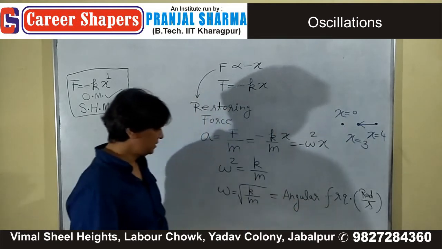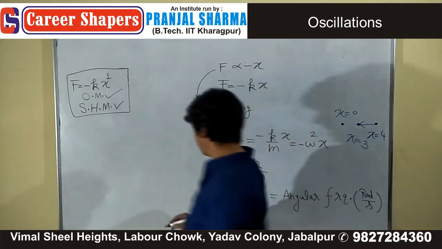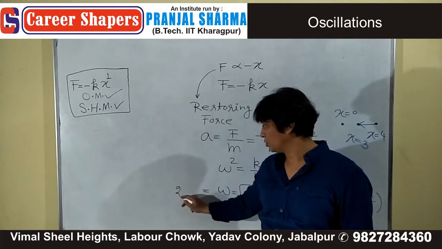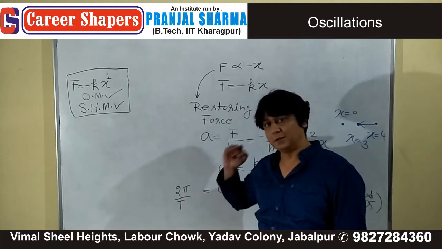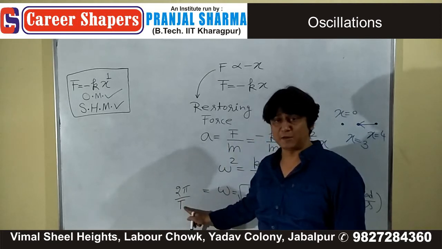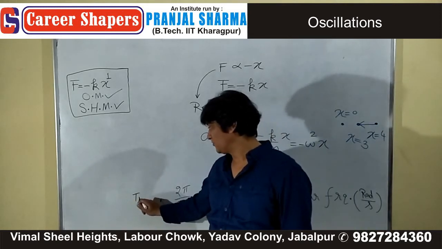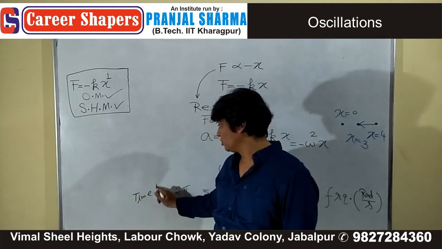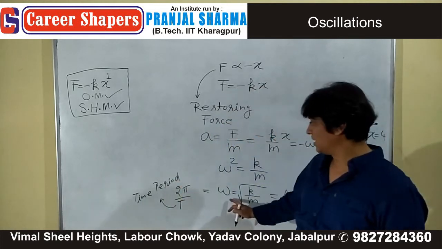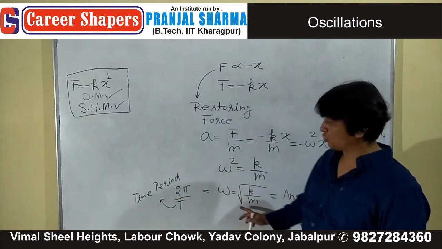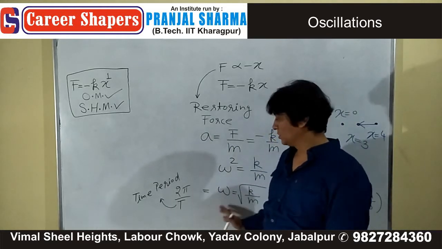We'll reach there later. This omega, which you see as root over k by m, is also 2 pi upon T. Why? Later. What is T? Time period. This T is called time period. As of now, simply write down these things. You will understand everything. This omega, which is root over k by m, is also 2 pi upon T. This you have seen in circular motion.